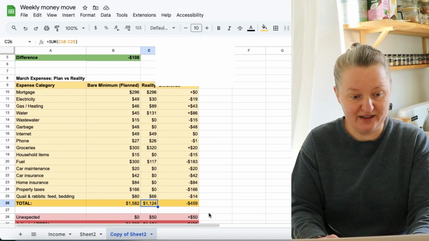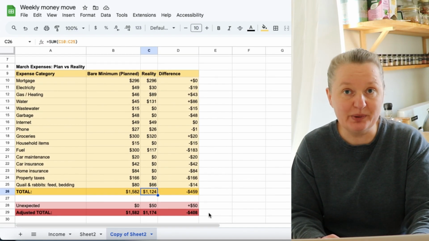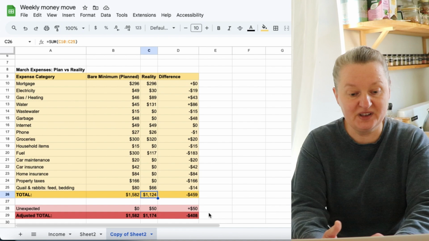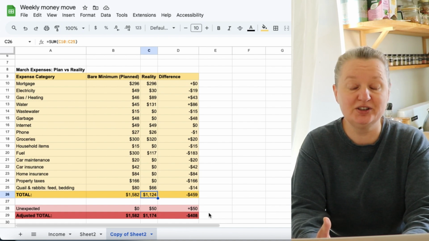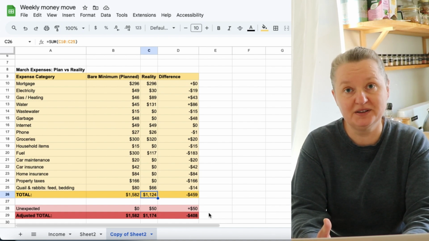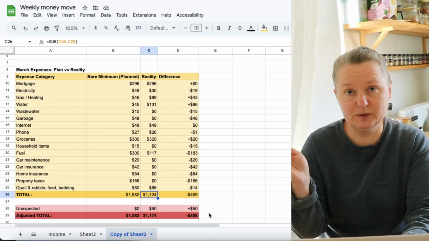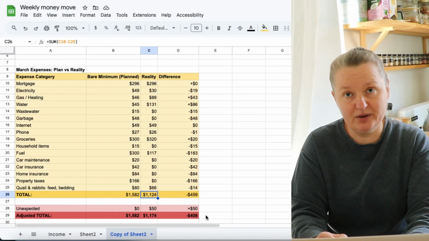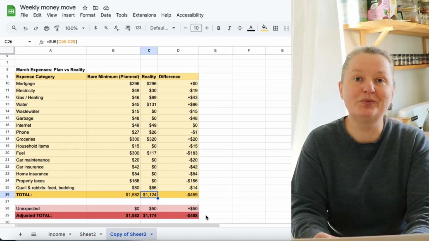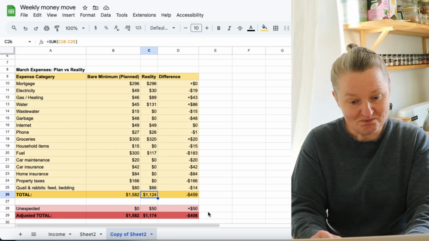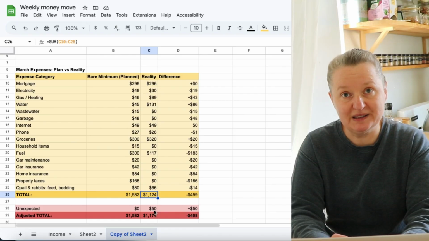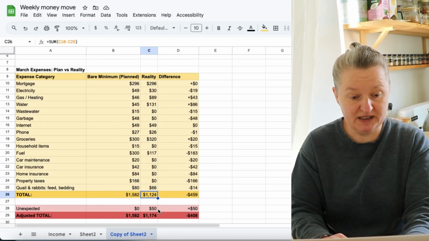I had one unexpected expense. I had to get 3 pairs of joggers, because my joggers actually fell apart. I have a video, I will post a link somewhere here and in the description, about how I'm making money to pay for those joggers. So this expense is not my bare minimum expense.